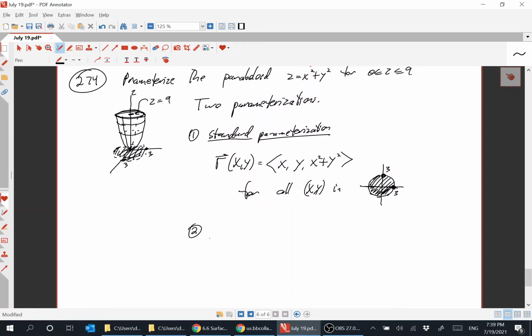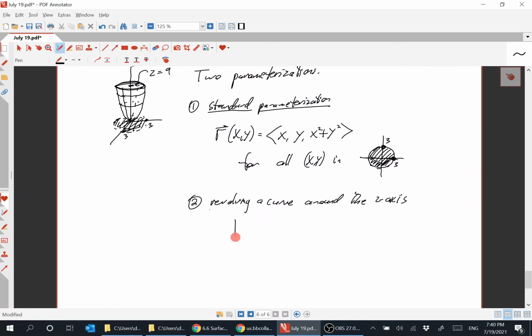And then there's also for this one the parameterization that goes along with revolving a curve around the z-axis. So if you look at this curve here, so here's a t-axis, and here is the curve square root of t.